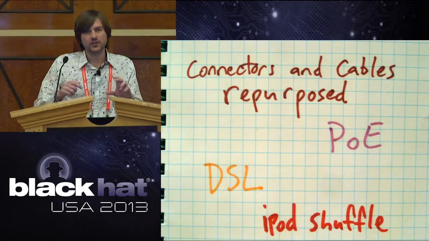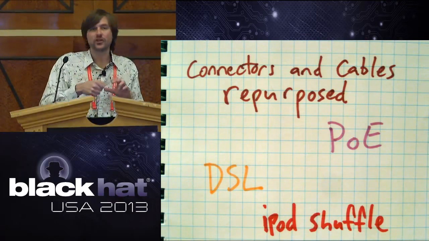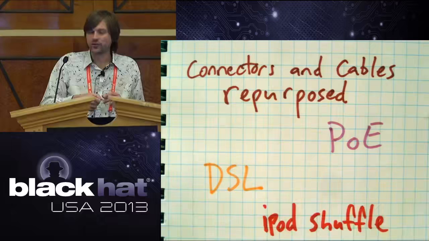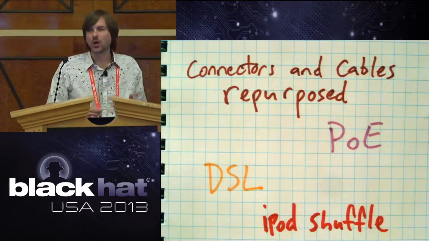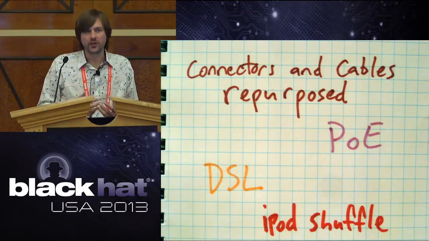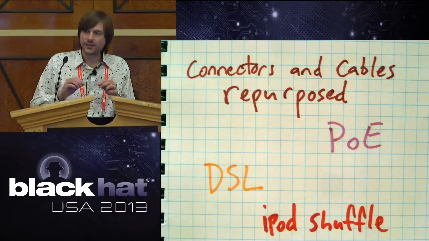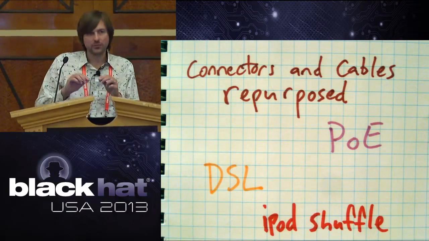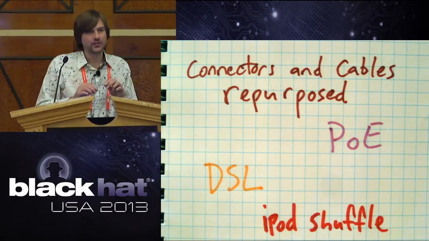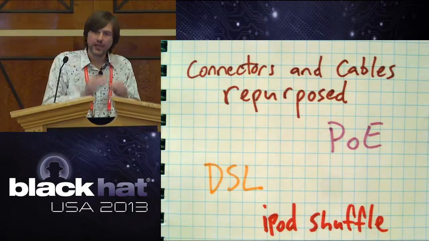So it lets you plug USB straight into this audio port, which is also used for audio. This is the first example that I know of. This and some other portable music devices, MP3 players, actually implement multiple different technologies, in this case audio and USB, over the same connector.